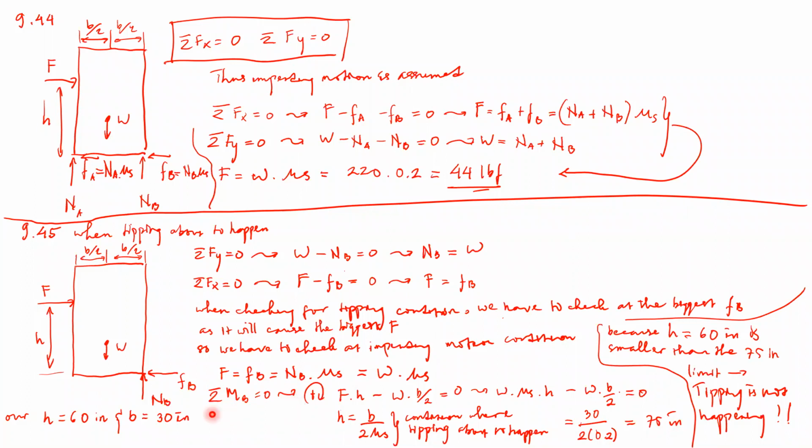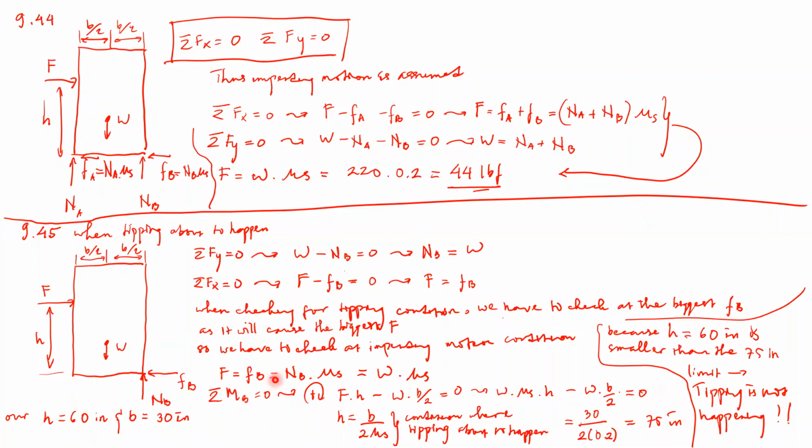Because we get the H value of 75 inches from sigma moment at P equal to 0. So in order for us to have a condition limit of tipping over, sigma moment at P equal to 0 means that it is the limit. The limit is H equal to 75 inches. Do you understand that? Yes, sir.